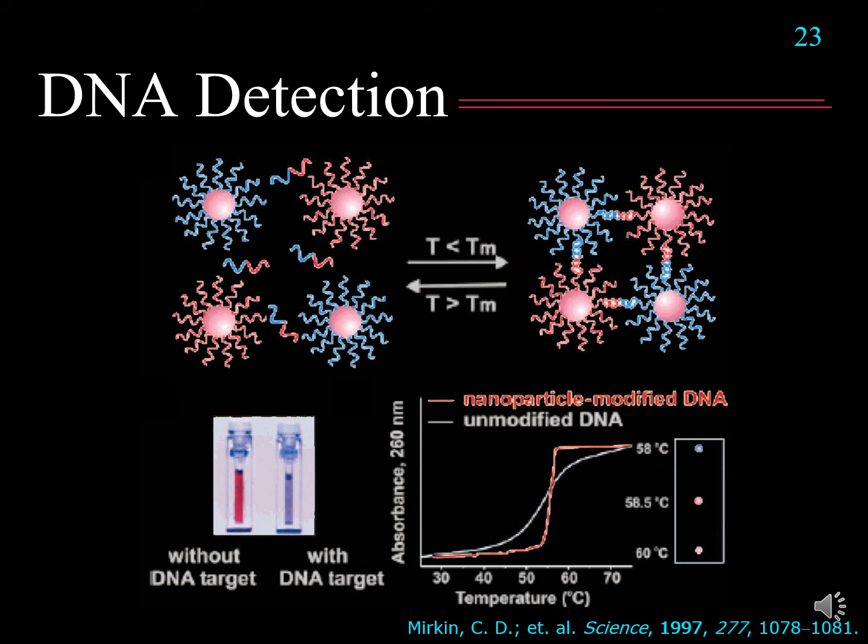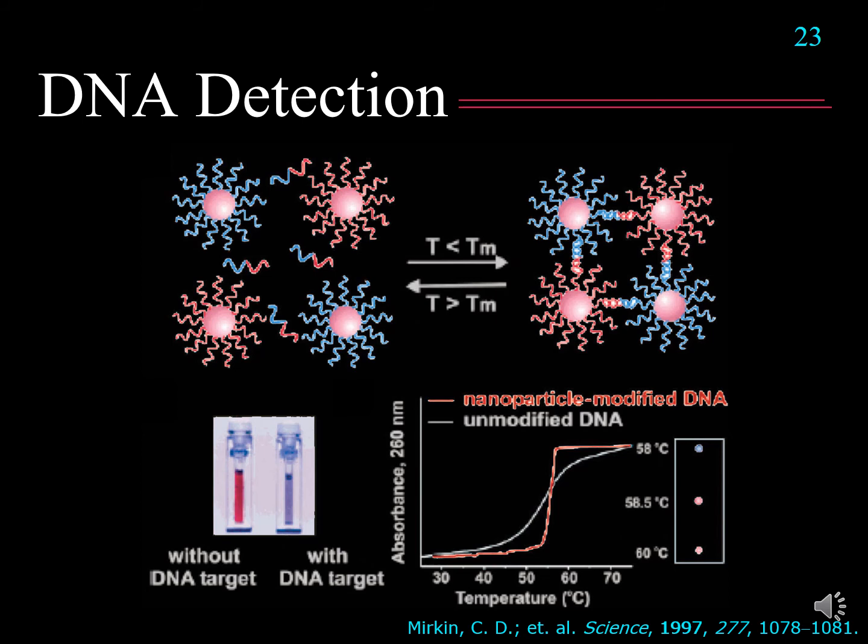The first example that I want to show you here is that we have the DNA of the virus that we want to detect, or maybe RNA of the virus that we want to detect. So we designed two kinds of gold nanoparticles. The first kind, blue color, has a single-stranded DNA designed to pair up with half of the target DNA.